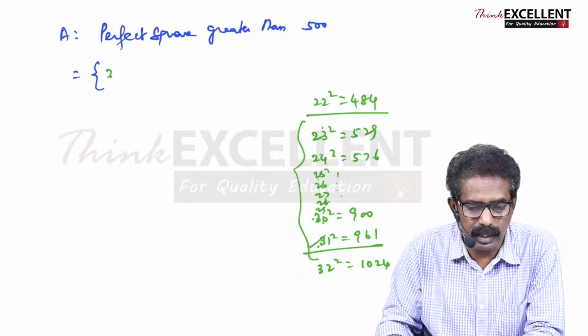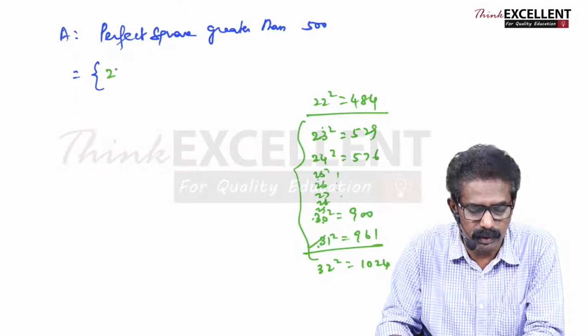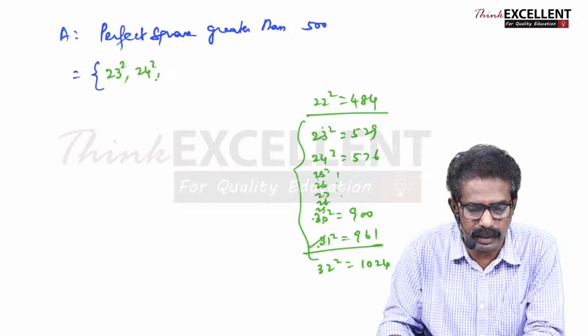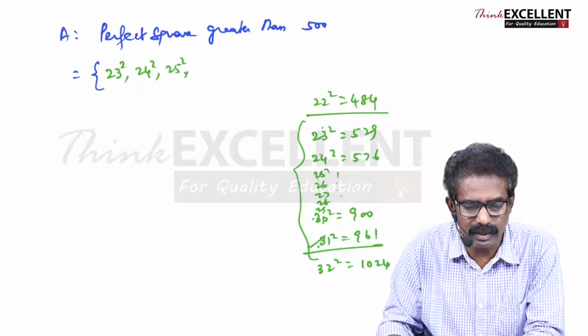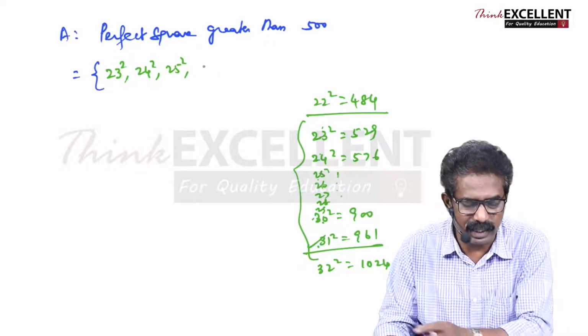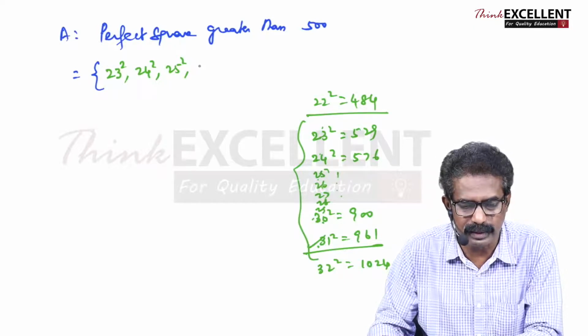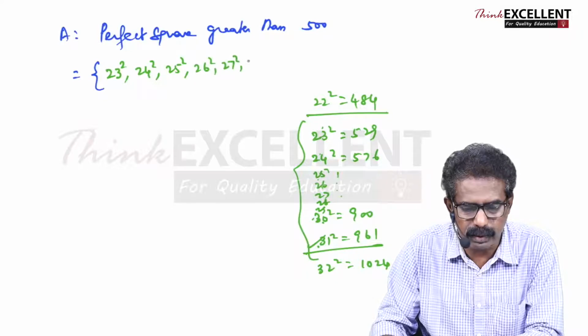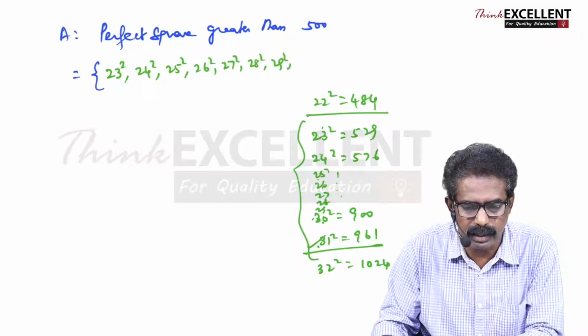So 529, or I am writing like this: 23 square, 24 square, 25 square. If you find all the square values, you write 529, 576 like that, up to 961. Or you write 26 square, 27 square, 28 square, 29 square, 30 square, 31 square, right?